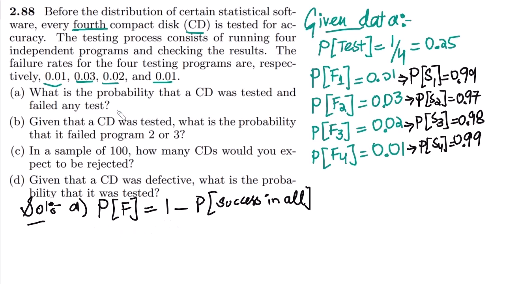As we can very clearly see here, all the program tests are independent of each other, so therefore it would be 1 minus the probability of the success of all.